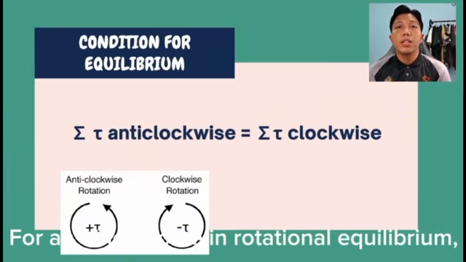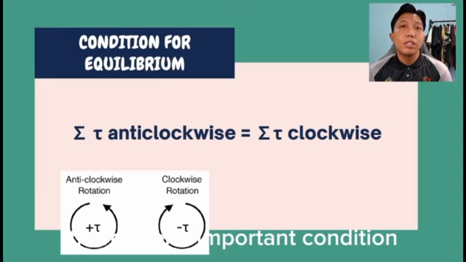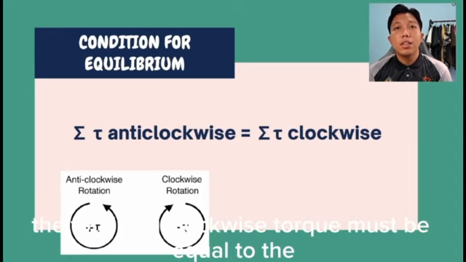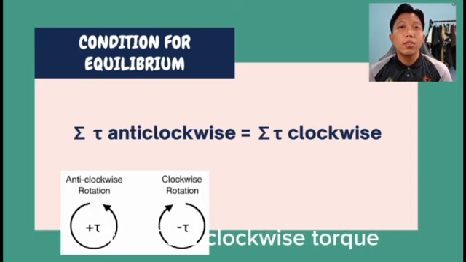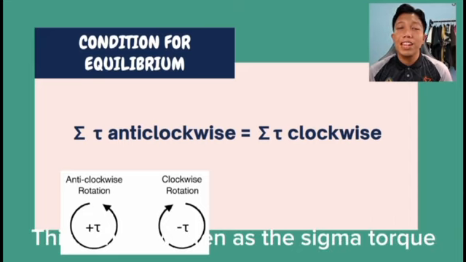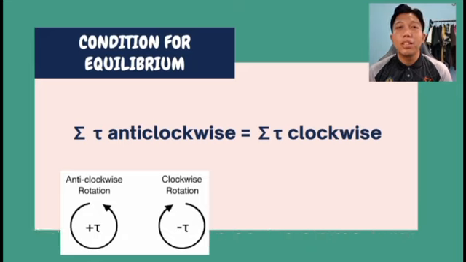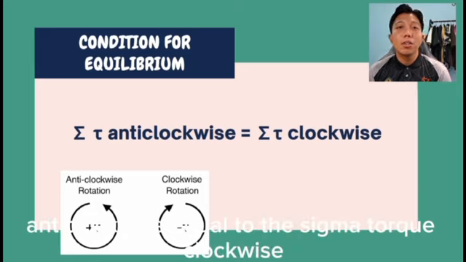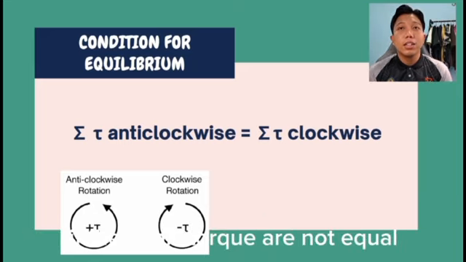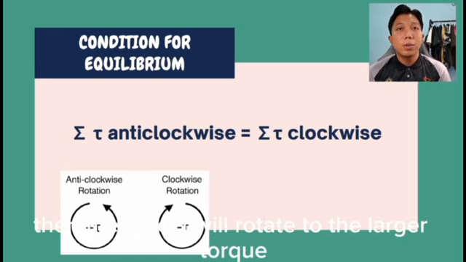For an object to be in rotational equilibrium, there is one important condition: the total anti-clockwise torque must be equal to the total clockwise torque. This can be written as the sum of anti-clockwise torque equals the sum of clockwise torque. If these torques are not equal, then the object will rotate in the direction of the larger torque.